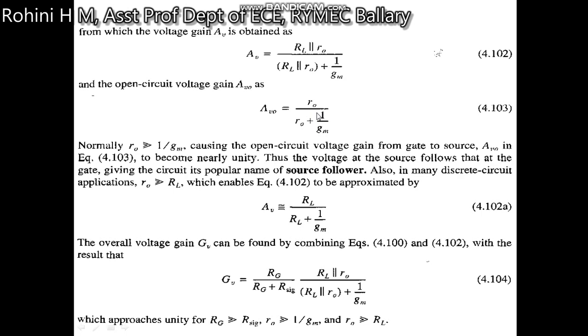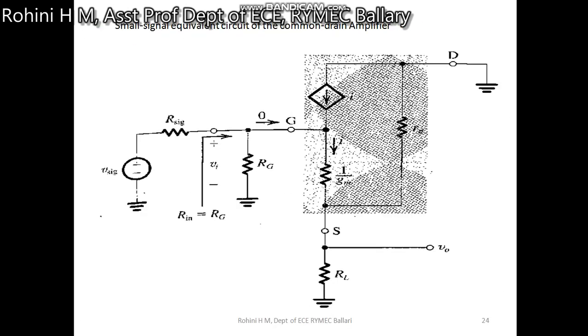We will come back to the circuit. Where are we giving V in? We are giving V in to the gate terminal. Where are we getting output? We are getting output at the source terminal. Whatever voltage we feed at the gate terminal, we get exactly the same voltage at the source terminal. Hence, the common drain amplifier circuit is also called a source follower.